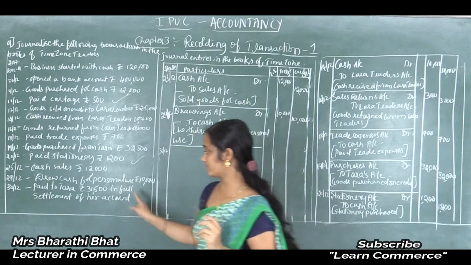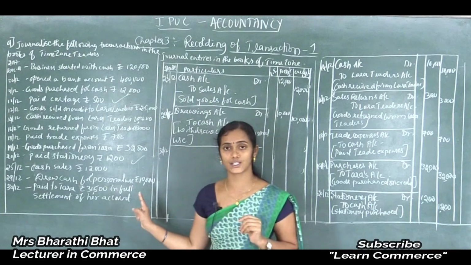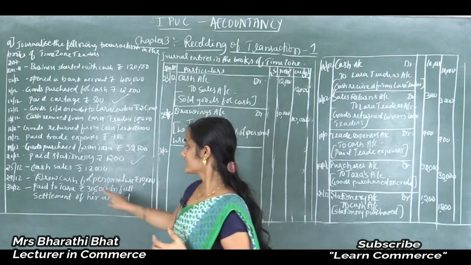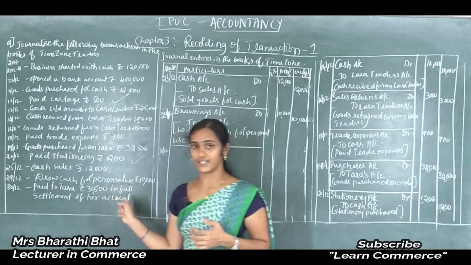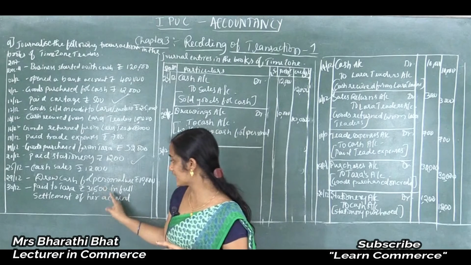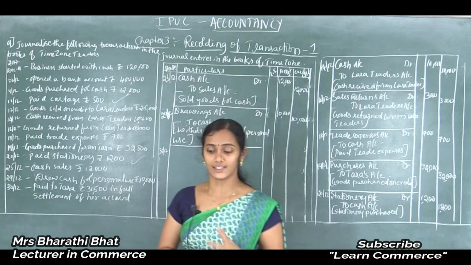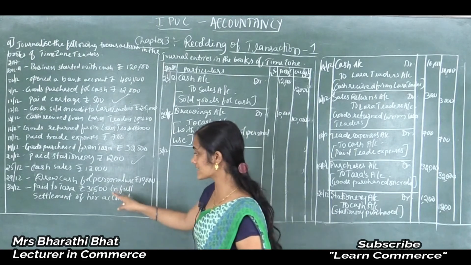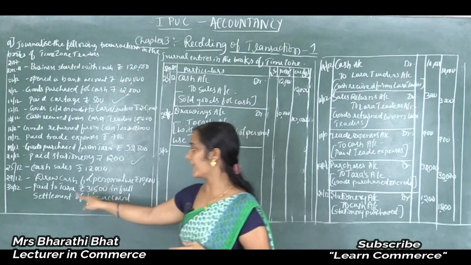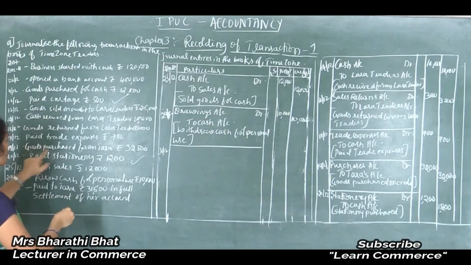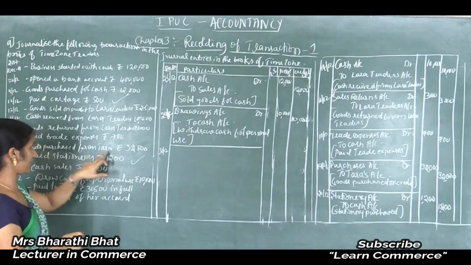Here for this transaction we need to pass a compound journal entry. Tara is considered as creditor. Decrease in creditor is to be debited. Here see this transaction, goods purchased from Tara.